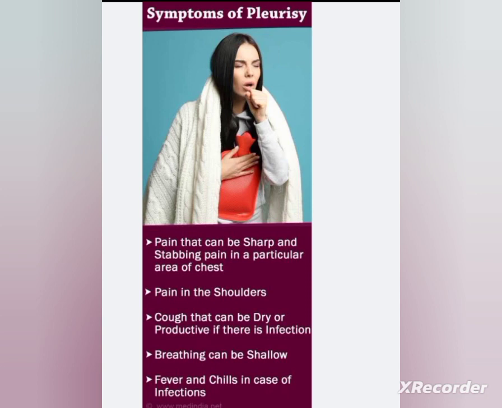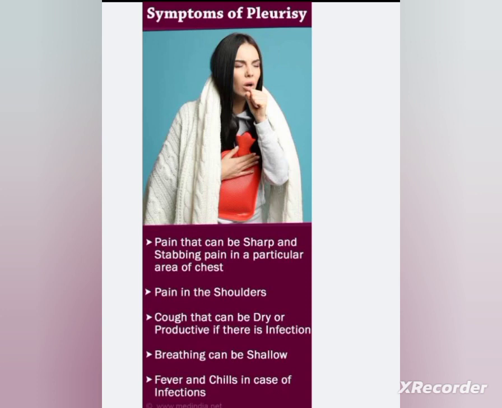So the pleurisy signs and symptoms include pain. The important feature of pleurisy is the pain, and this pain will be sharp and stabbing, and in whichever area is affected, the person will have severe pain there. Then radiating pain may occur in the shoulders, then cough, which may be dry or productive.